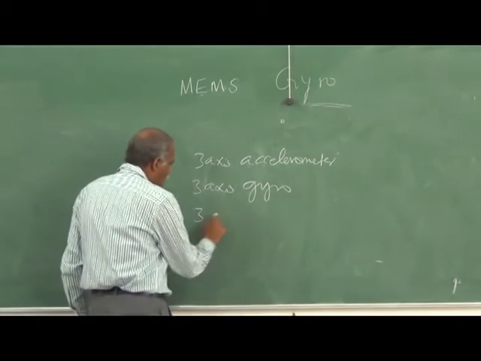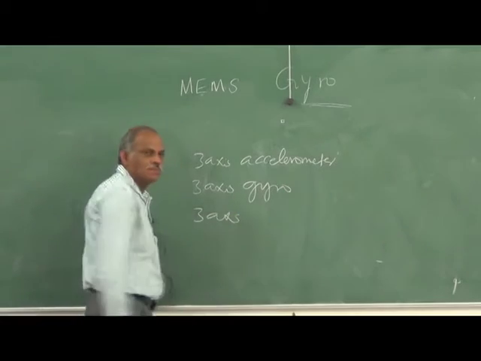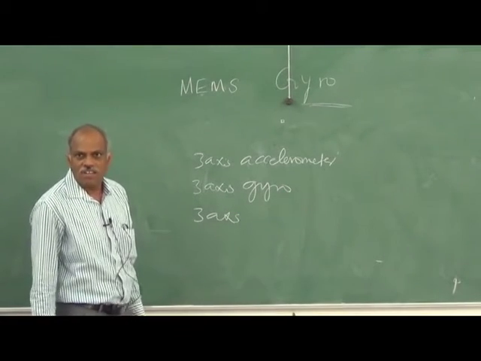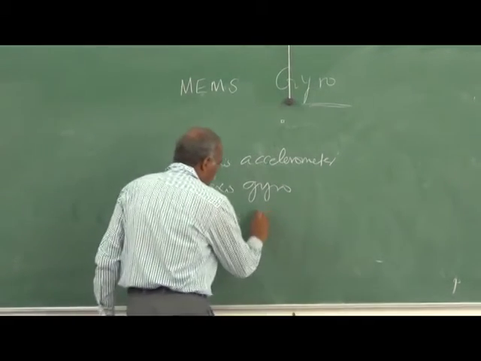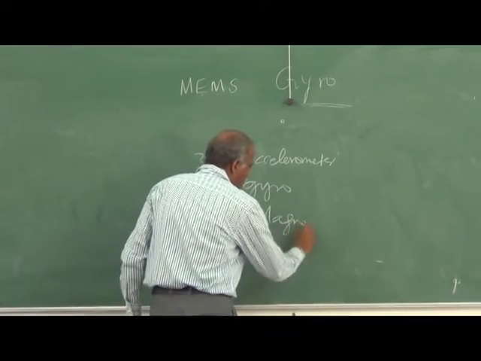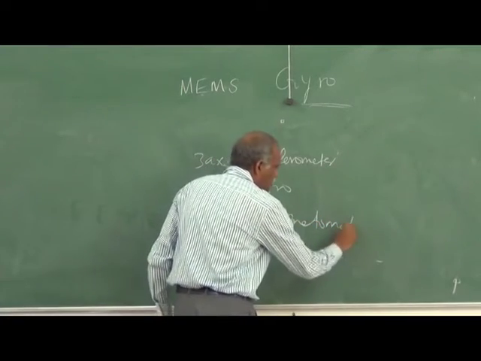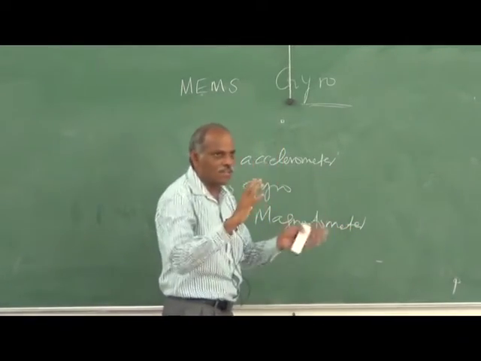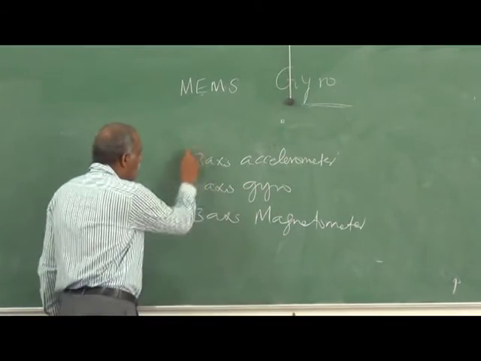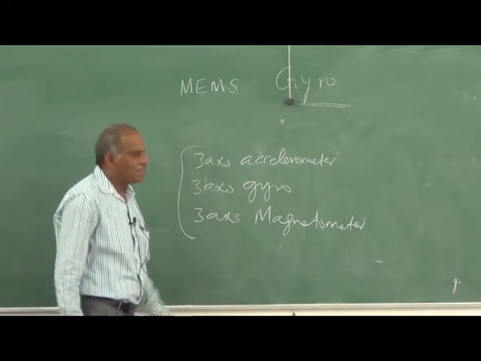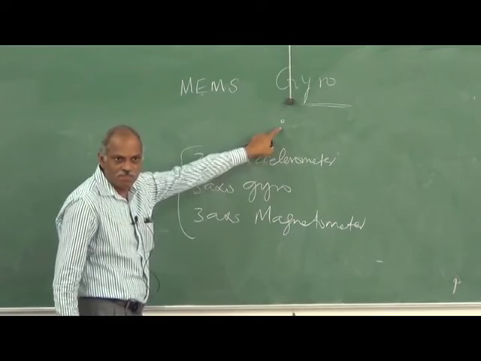It also has a 3-axis Hall effect sensor, which can measure magnetism, so it is a magnetometer, so that the earth's magnetic field can be measured.